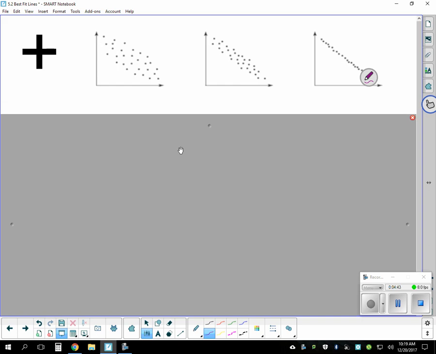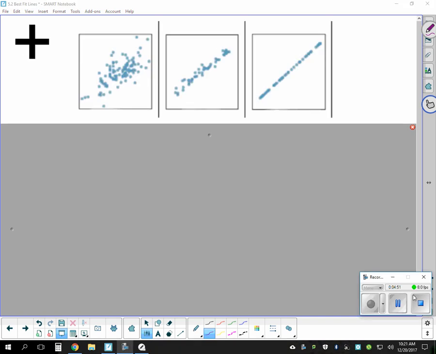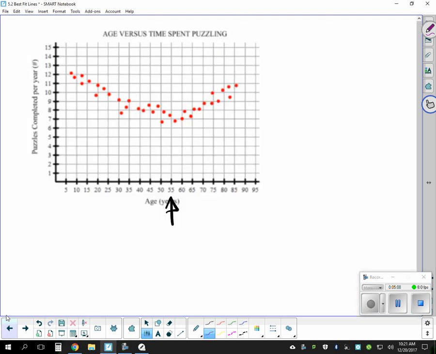We also want to talk about the correlation that is happening here. So these first three graphs on your paper, they have positive correlation. So correlation is, do they have a relationship? Positive meaning as one increases, the other increases. So that would be the opposite of what we had here.